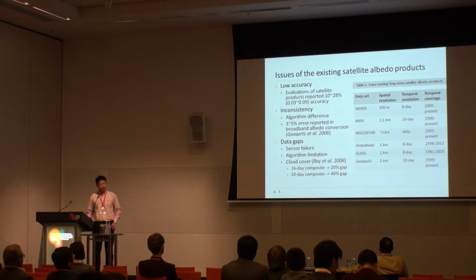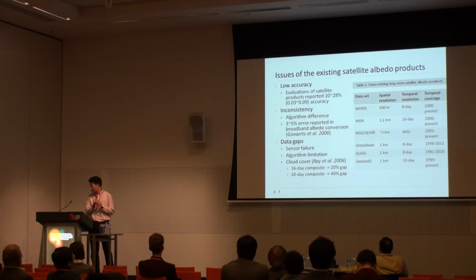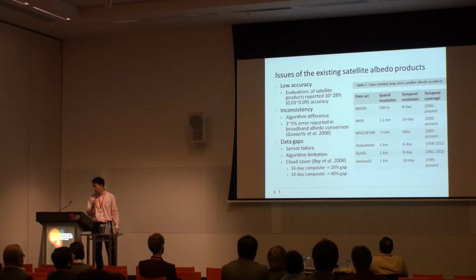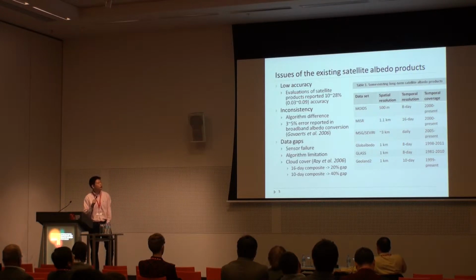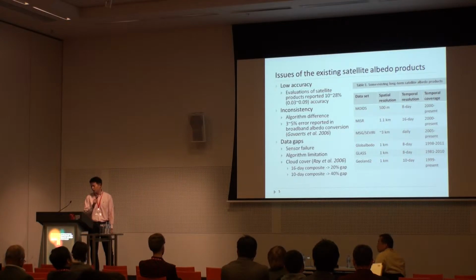There are already multiple long-term global satellite products, including MODIS, MISR, GlobAlbedo, GLASS, GLN2, from as early as the 1980s. Some reports say that generally the surface albedo products can satisfy the requirements globally, but some people say that on some regions there's still some accuracy issues.